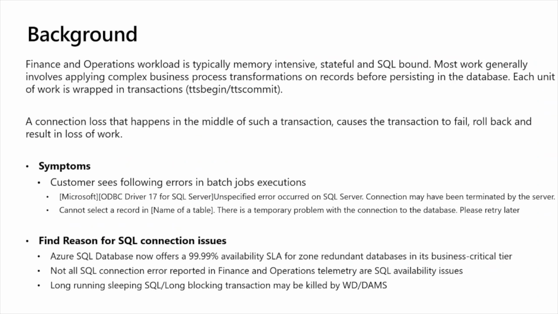We might see a few milliseconds or seconds of connection loss, which we call transient connection loss with the database. So that's one scenario where SQL might not be available for 0.01%. This is not going to be very frequent or normal. It's 0.01% that we're talking about here.